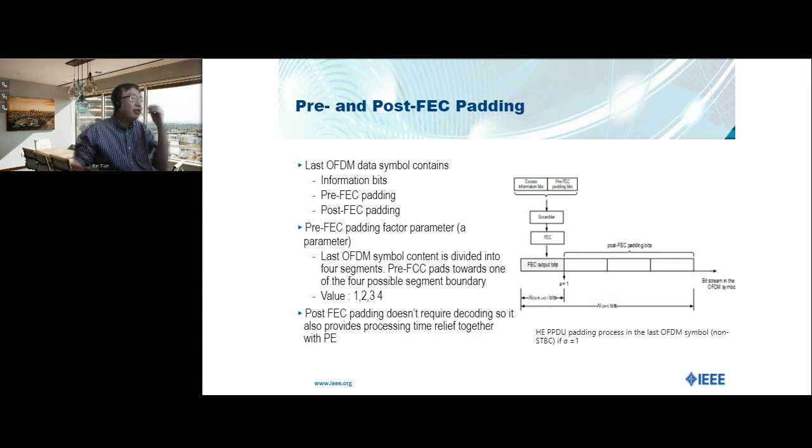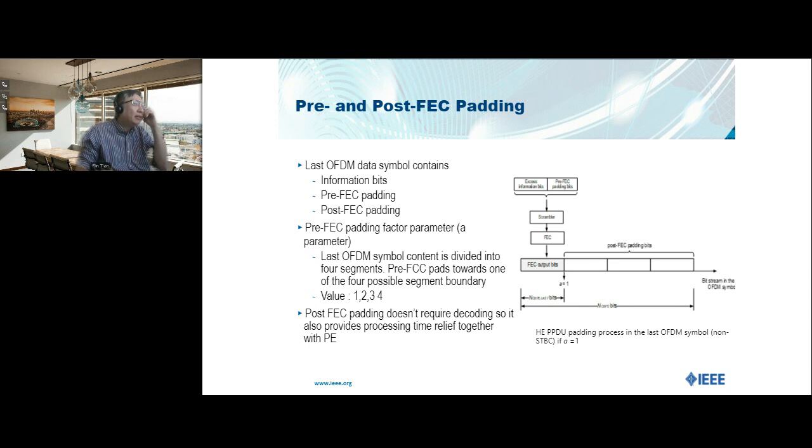So how is this being done? For the packetization, I want to introduce a pre and post FEC padding, okay. So what really happens is when PHY receives the information from the MAC layer, this is called the information bits, okay.